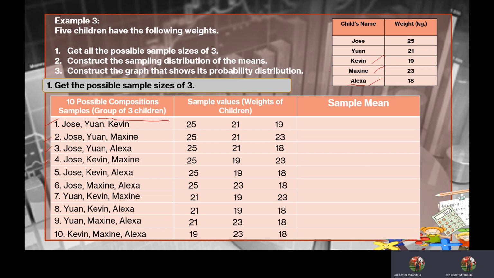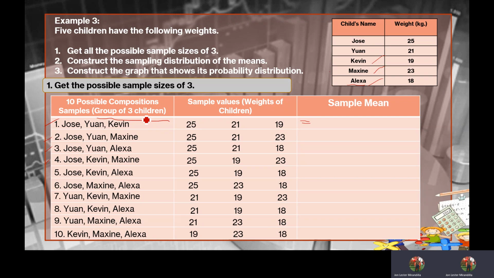Okay, now, since these are the sample values or yung weight of our children, we need to compute ating sample mean. To compute our sample mean, we need to add the possible values or the possible weights of our children. So we have 25, 21, 19.